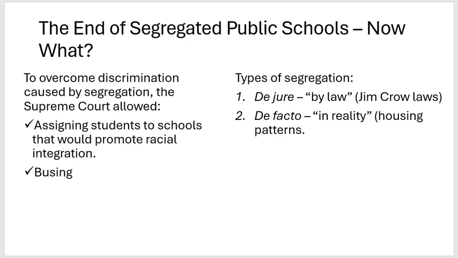So to overcome this culture of segregation, the Supreme Court did a couple of things. First of all, they took over many school districts in the South. And they assigned students to schools that would promote racial integration. So in other words, just where you lived wasn't good enough.